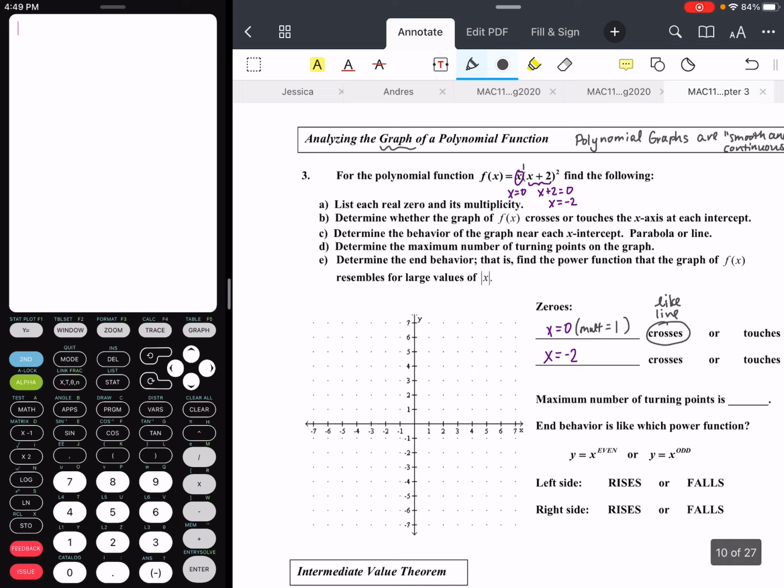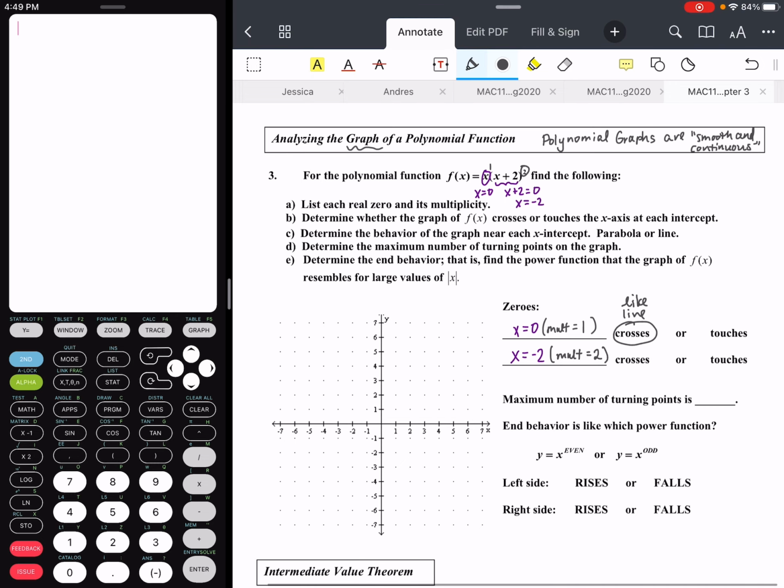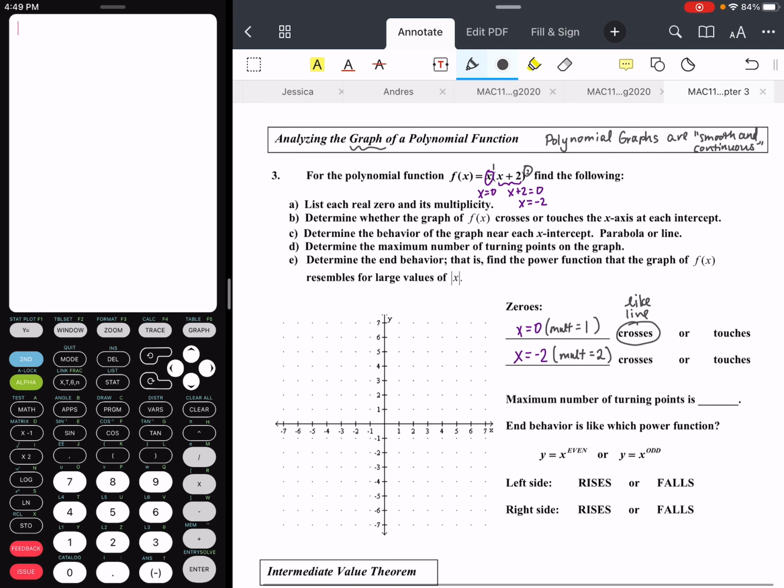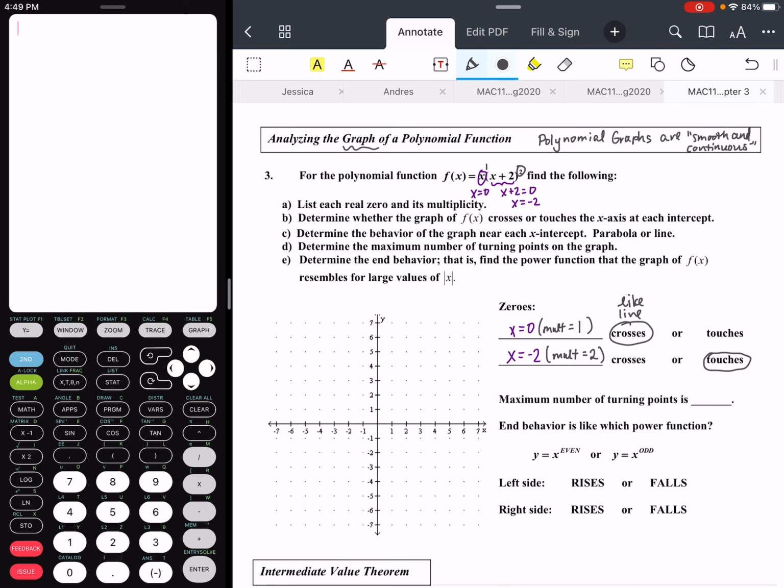For x equals negative 2, it has the exponent 2, so the multiplicity is 2. That's obviously even, so that means at that point our graph will touch the x-axis, behaving like a parabola. So that takes care of A and B.